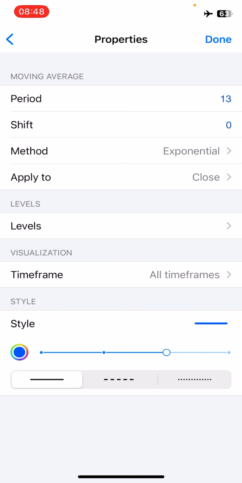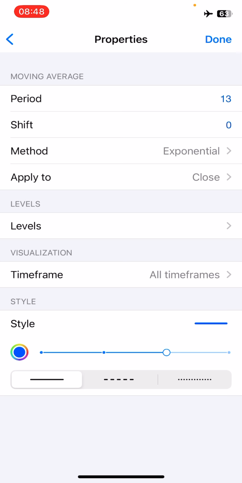There's no need for levels for this indicator, and for visualization, you can allow it to be on all time frames. For all the upcoming indicators, you can actually switch between various time frames and still be fine. But we're just going to stick to our 15-minute time frame, although you can use this strategy on any other time frame. The recommended time frame is the 15-minute.